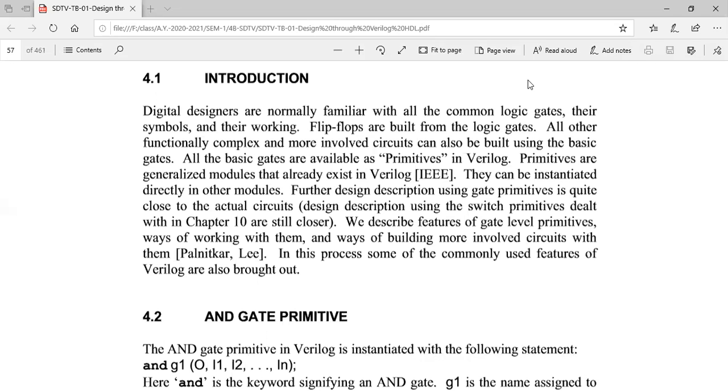Not only this, we use these gates for building some other complex functionalities also. These basic gates are called primitives in Verilog.